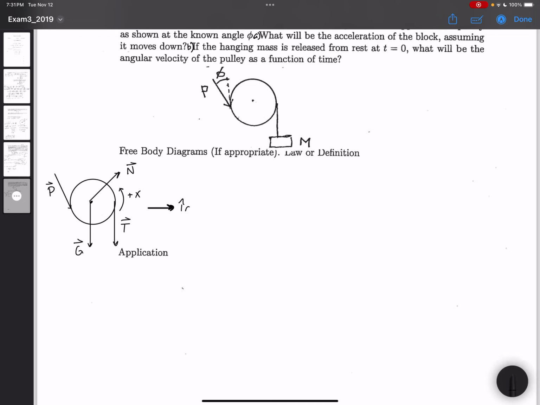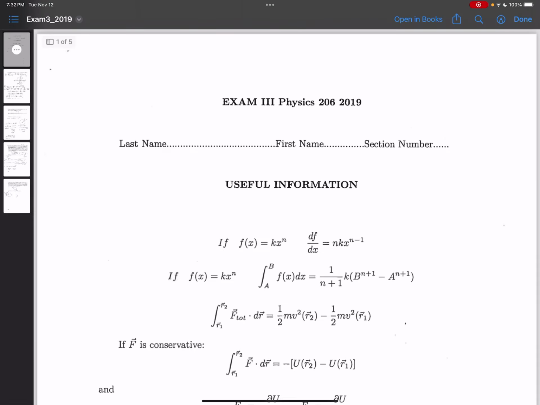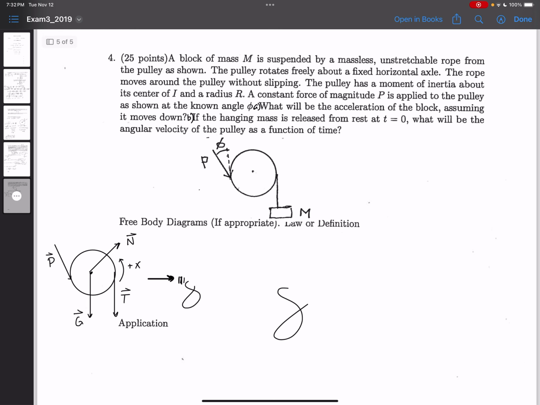Okay, so we have IR, and then we have I theta. And it's really not wanting to work with me right now. Good Lord. I don't want to have to redo this whole video. What is happening? Okay. I'm just going to leave it like this.